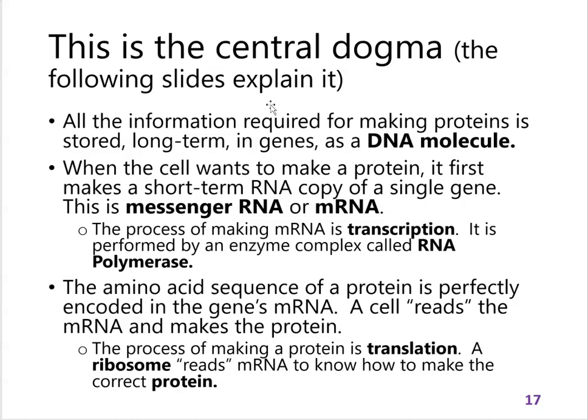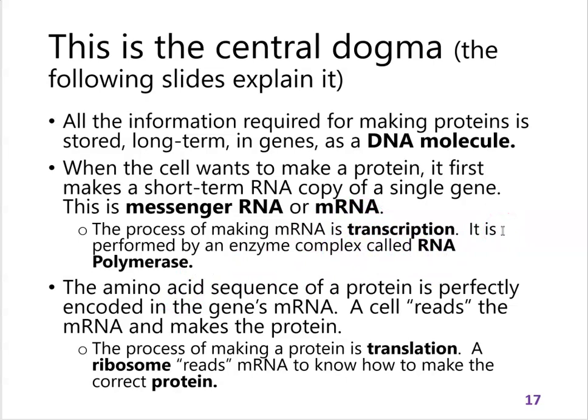And so it makes a small, much shorter copy of a gene. So the DNA contains all the genes, but a messenger RNA will be made that is almost identical to DNA, but it's short. It only contains information for making one protein, usually. So that's a messenger RNA. And making messenger RNA is a process of transcription, and it's carried out by RNA polymerase.